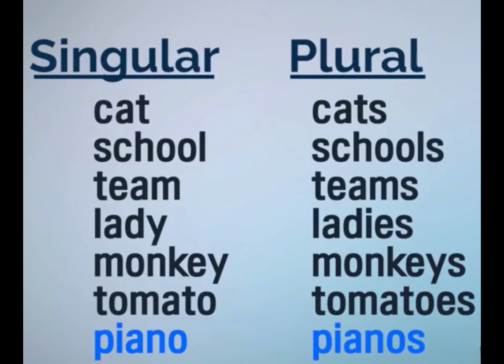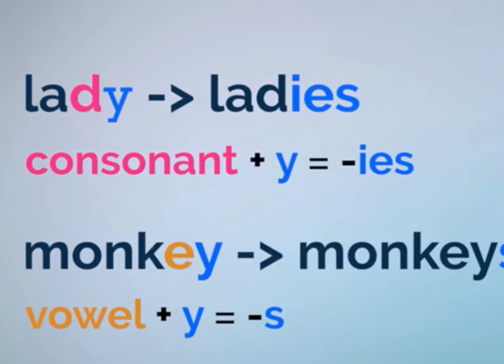Now, don't forget here that lady has a consonant, Y, and we know when we have this, the plural will be IES. So when we want to change lady, the singular, to a plural, we must change the Y and add IES. Why?